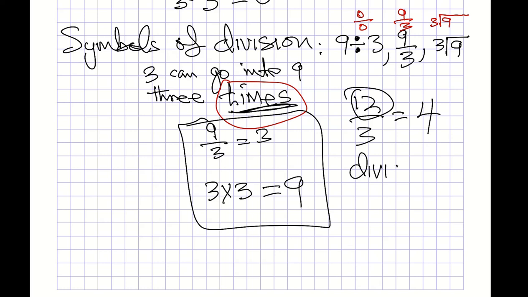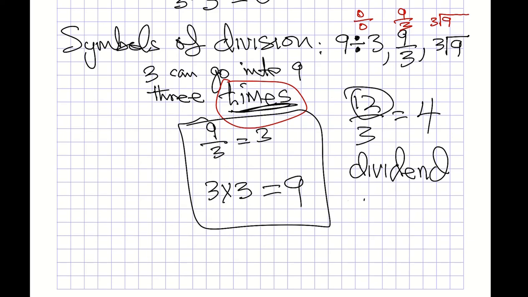It sounds like the thing you get from stock. 12 is called the dividend, and then 3 is called the divisor, and then the result of division, which is 4, is called the quotient.